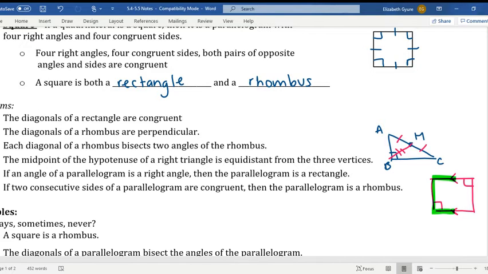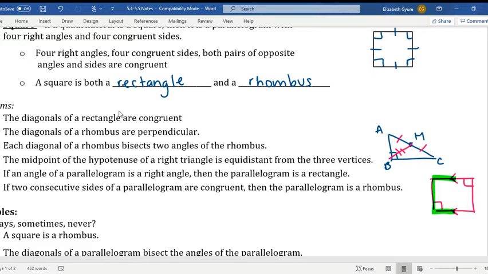They will be supplementary. They end up being same side interior angles. So if one's 90, what's the supplement of a 90-degree angle? Another 90-degree angle, right? And then you can work your way through. That's why everything has to be 90 degrees. Plus, if it's a quadrilateral, won't all the interior angles have to add to 360?